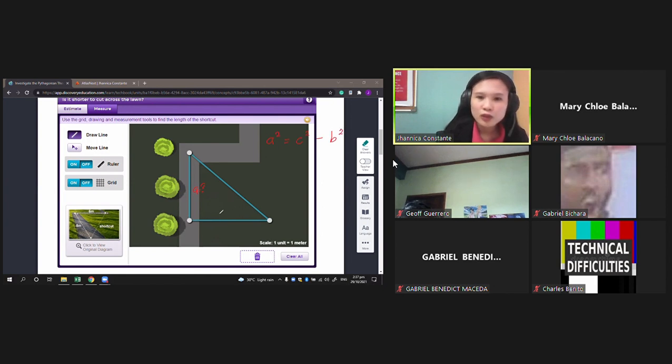If we're going to solve for side B of our right triangle using the Pythagorean theorem, we're going to use B squared equals C squared minus A squared. So that's how we can use the Pythagorean theorem to find each side of our right triangle.